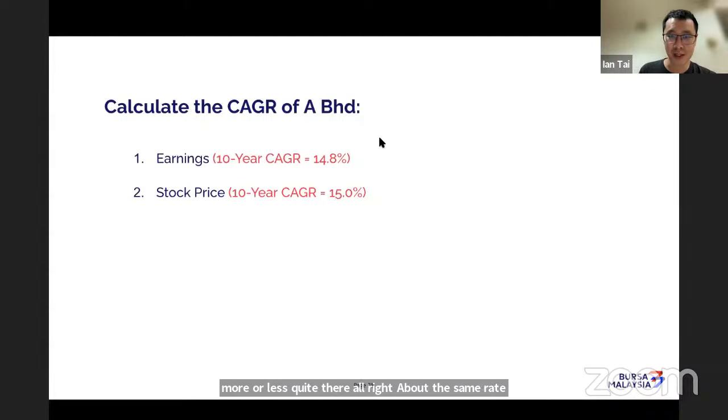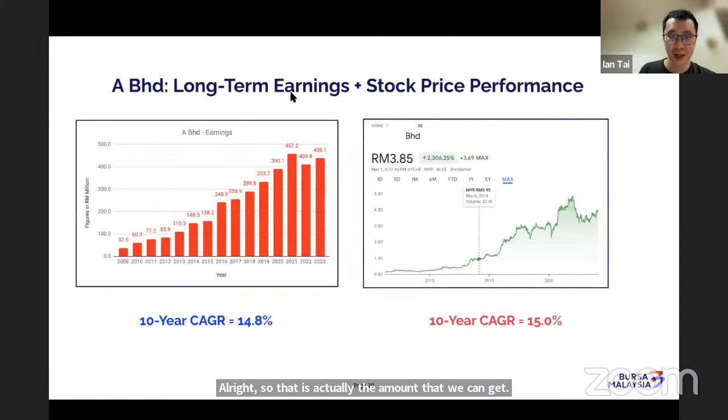So that is the amount that we can get when it comes to Eberhard. Long-term earnings, compare it with long-term stock price performance. That's what we get. 10-year CAGR, 14.8% for earnings, and for stock price it is 15%.